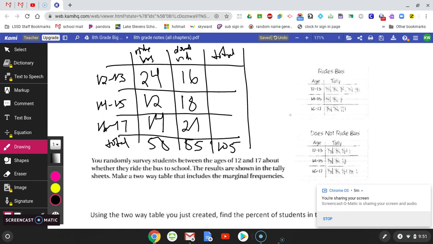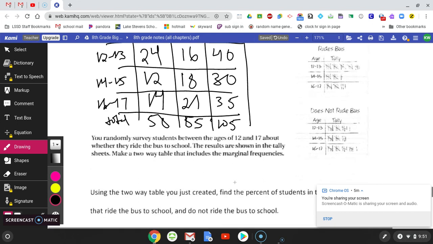So let's do our totals across. This would give us 40, this would give us 30, and this would give me 35. Double check, 40 plus 30 plus 35 is 105. Our totals are the marginal frequencies, so we do have those included.